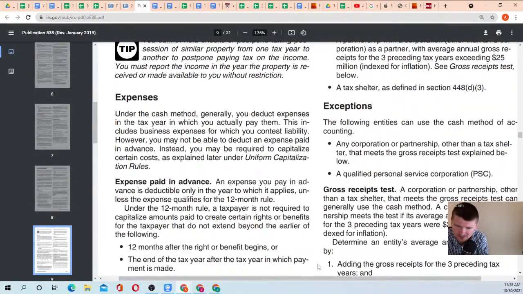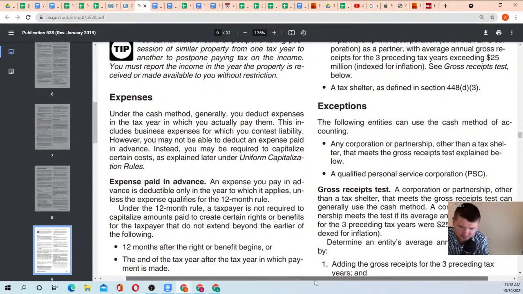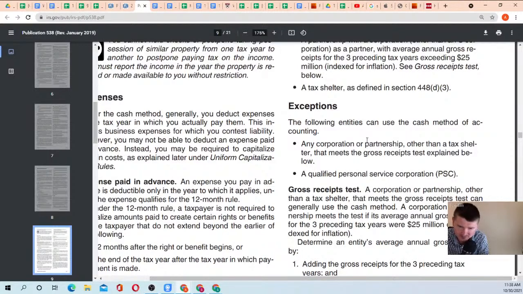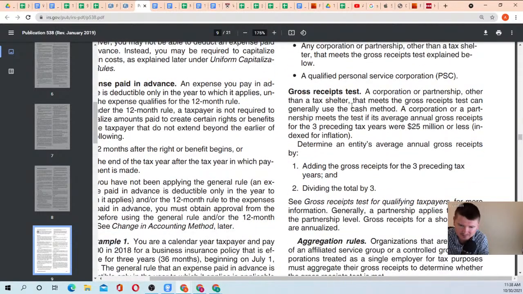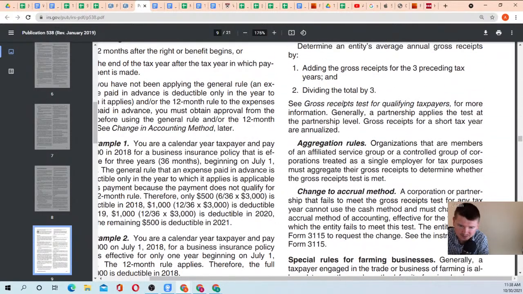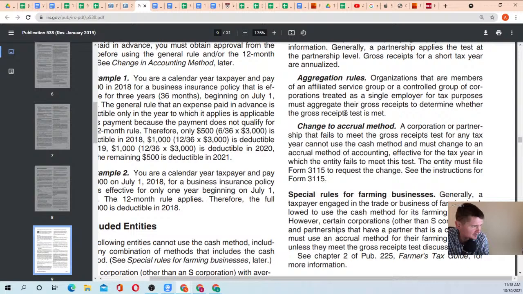Okay. Basically, you need to meet that gross receipts test to use a cash basis. So you need to remember $25 million.